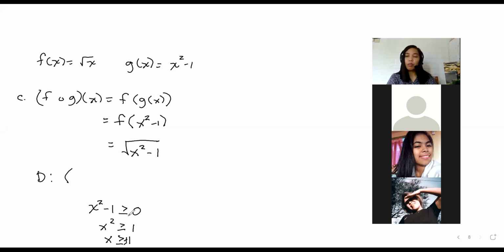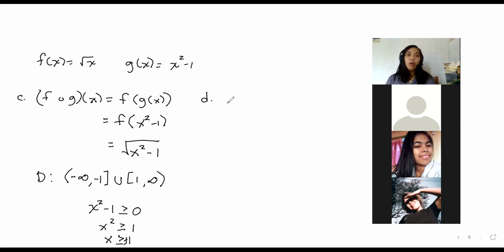So the domain for that is negative infinity up to negative 1 and it's closed, union 1 to positive infinity. Okay, so that's the domain for square root of x squared minus 1.